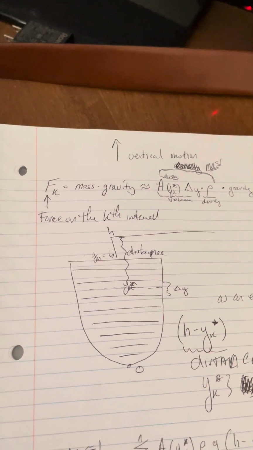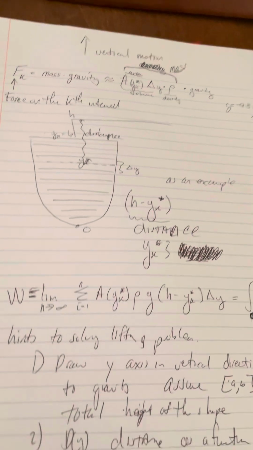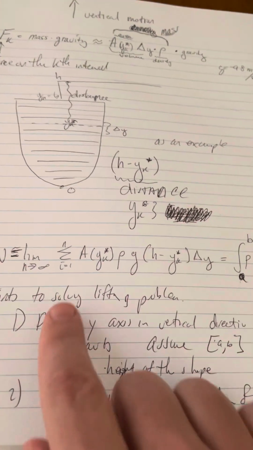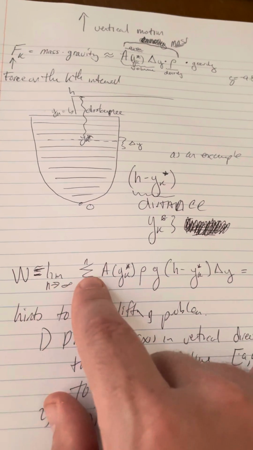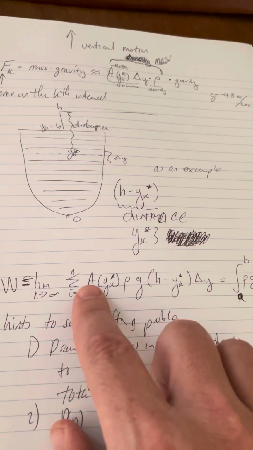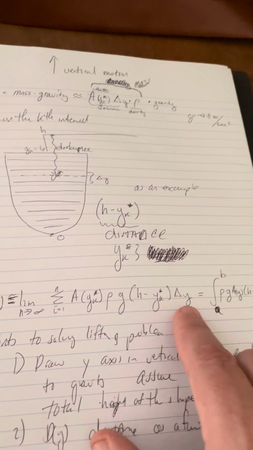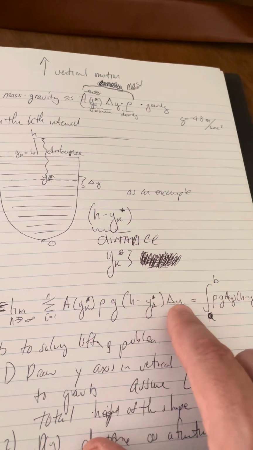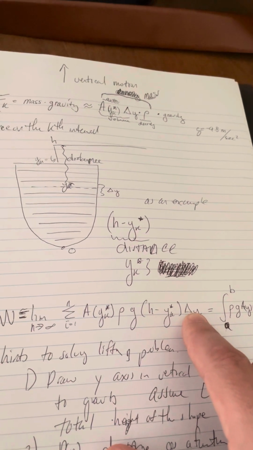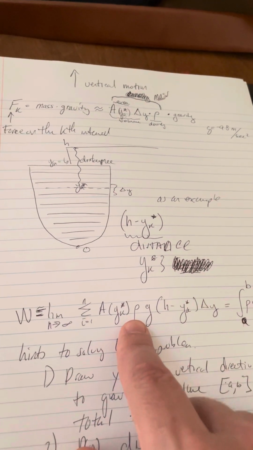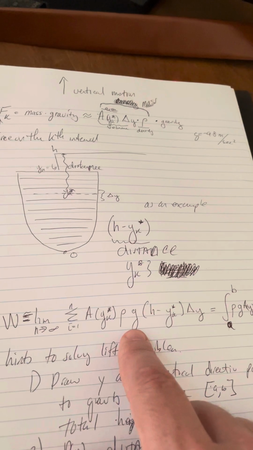So our formula is going to look like this. We're going to take the limit as the sum of, now here's our area component, and when we multiply it by that piece, we're going to be getting our volume. This is our density component, and this is our gravity component.